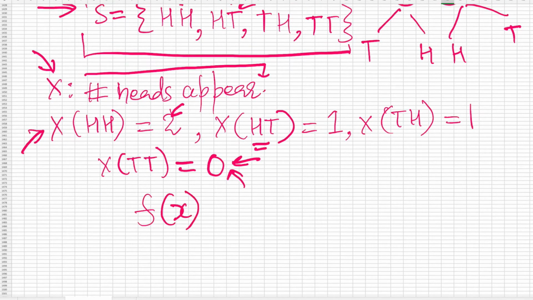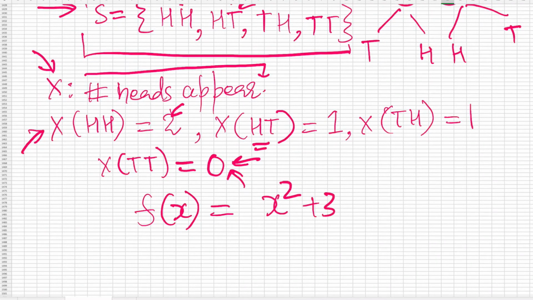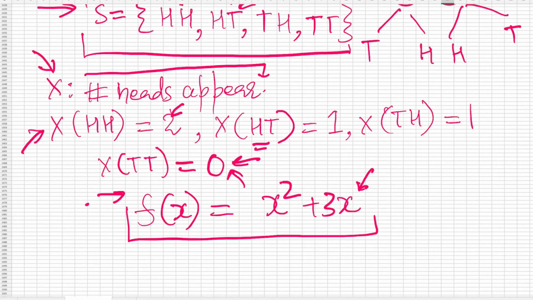Let's talk a little bit about a function. For example, we have a function of x, x square plus 3x. This function is dependent on the different values of x, and the specific values and the set of values of this function will depend on the values of x.